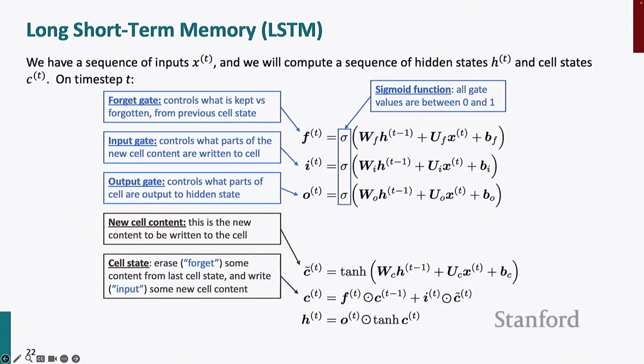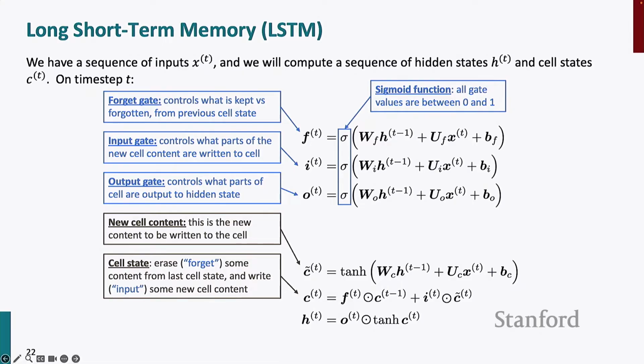But then how we actually update the cell is by making use of our gates. So the new cell's content is the old cell's content Hadamard producted with the forget gate, so that's how much to remember of the previous cell's content, plus this calculated update Hadamard producted with the input gate, how much to pay attention to this new potential update that we've invented.